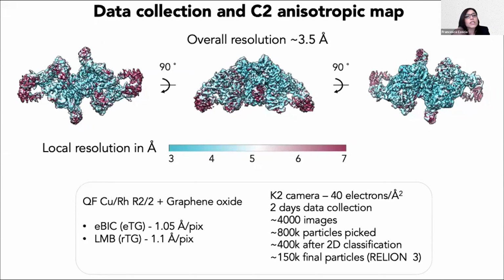So the overall resolution is 3.5 angstrom, but as you can appreciate from the map, it is much lower resolution in the peripheral regions. And because we didn't have any crystal structures, we really needed to improve the map in the peripheral region to do de novo building.